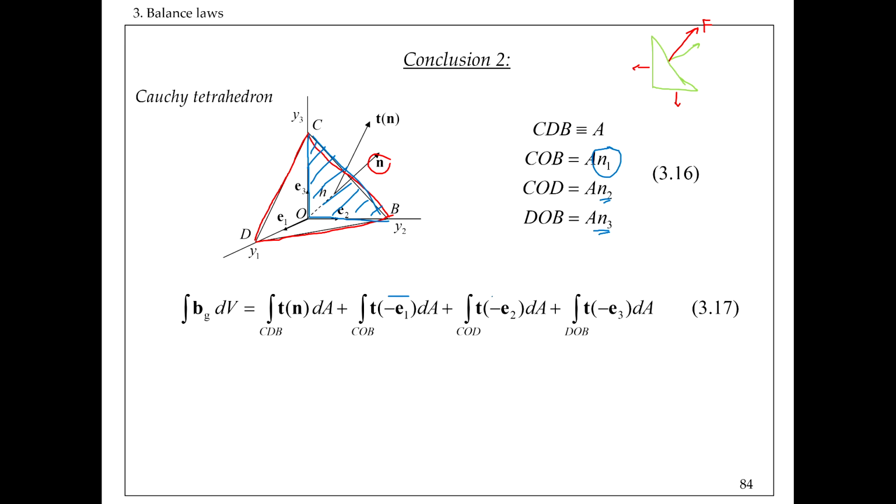So that's here, and for this lower face DOB, it will go into the opposite direction here. So the normal here will be minus E3, right? So on this one that will be minus E2, the normal, right? And on that side that will be minus E1. Okay?